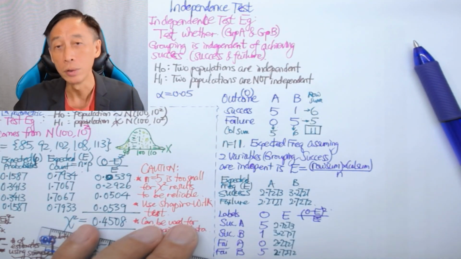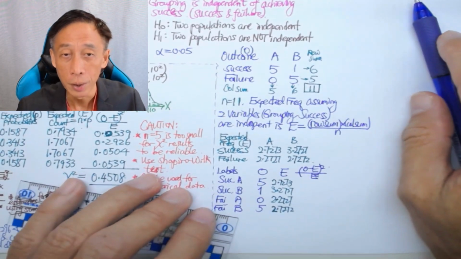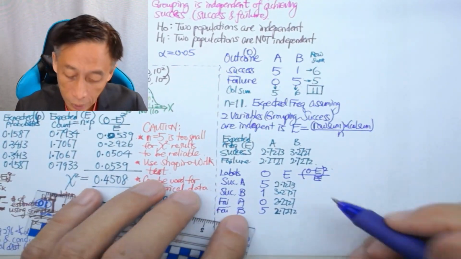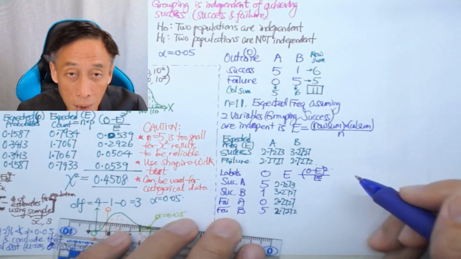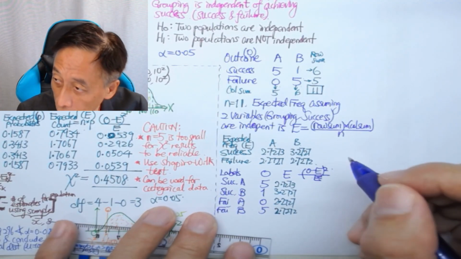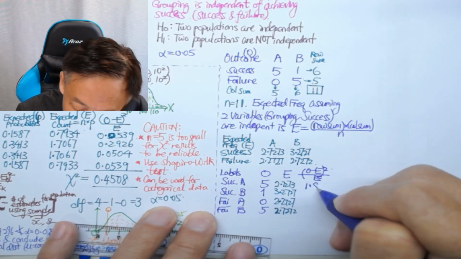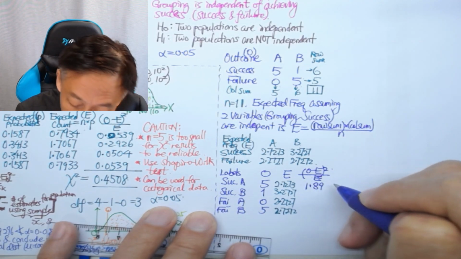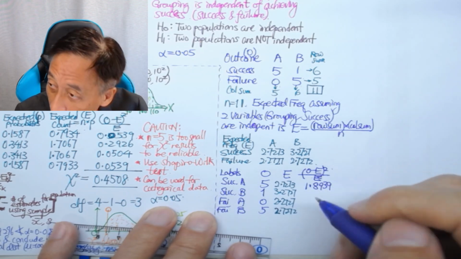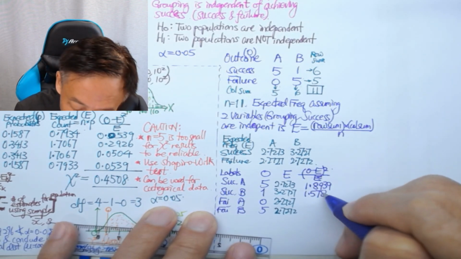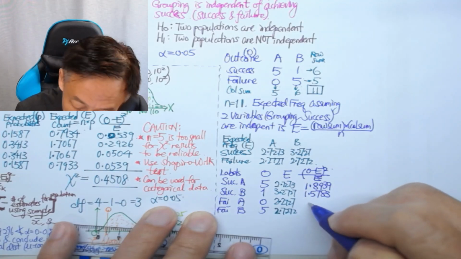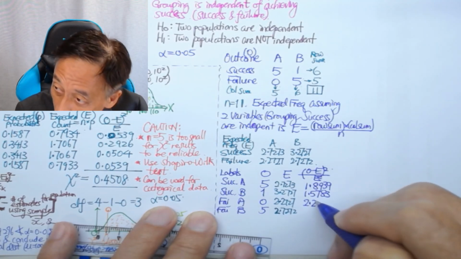Okay, then I will just do the number computation, and I won't bother you with all the simple plus minus times divide square stuff. So the answer is 1.8939. And basically at this point, you will find that the steps involved are the same as goodness of fit.